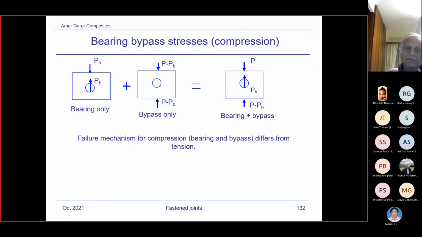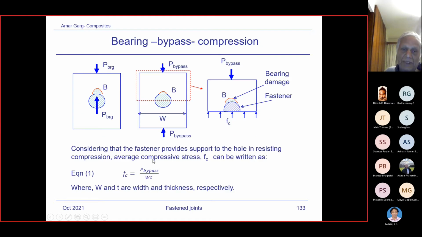So in compression, we consider, okay, this is bearing only, and then there's a bypass in compression. So the total is this scenario where there's a bearing and the total load. At this point, there's an interaction, and high stress will exist. I've explained the situation over here: there's a bearing here and bearing here.